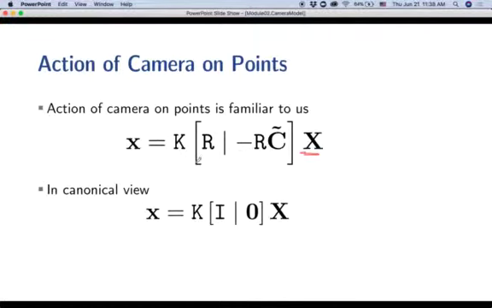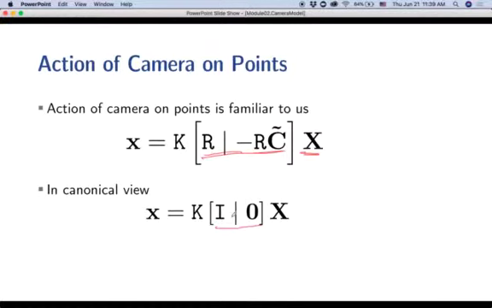This is in general. But in the canonical coordinate system, which is the coordinate system fixed on the camera, the relationship becomes simpler. The extrinsic parameters R and C, which were really a rigid body transform of the camera, disappear because the coordinate system is now fixed on the camera, so that's just identity, I pipe 0.